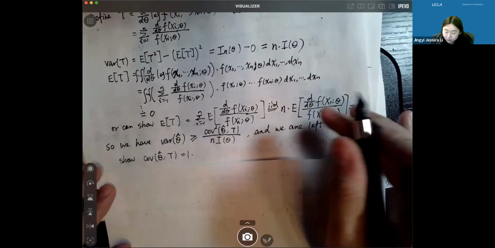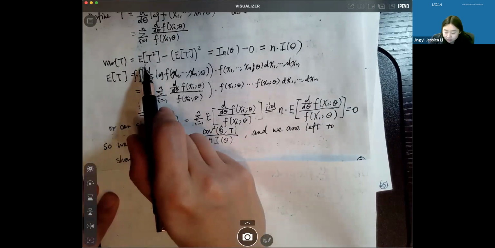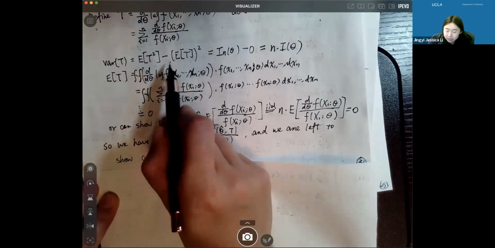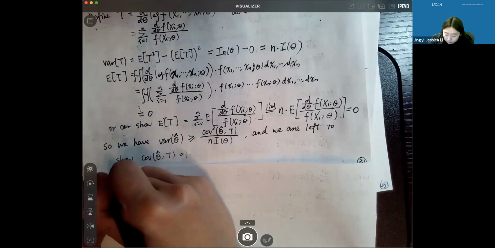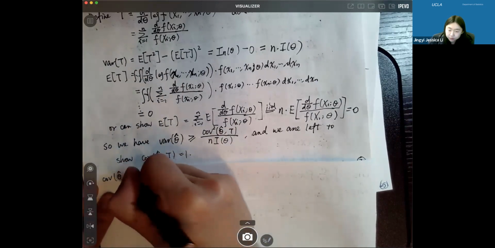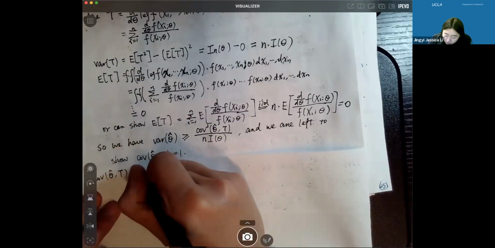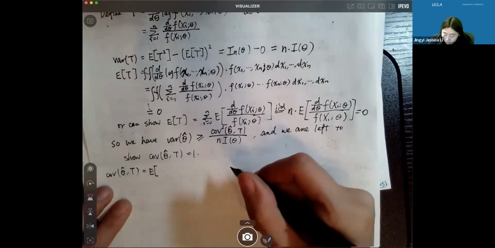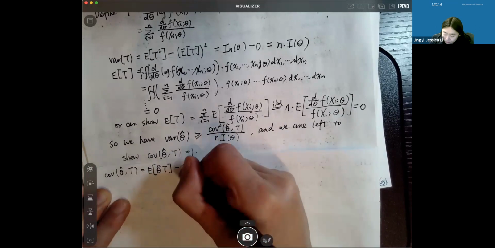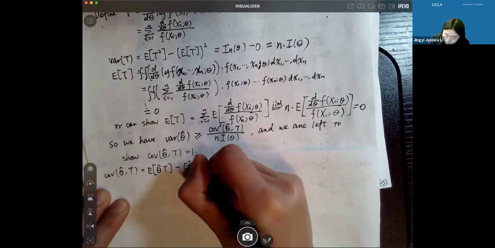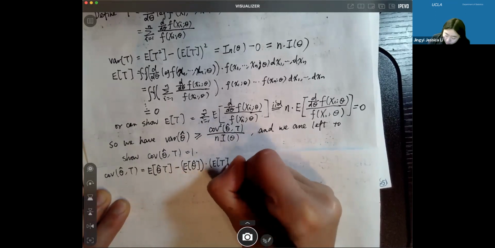Similar to the variance, which can be written as the second moment minus the square of the first moment, the covariance can also be written as the expectation of the product minus the product of the expectations.